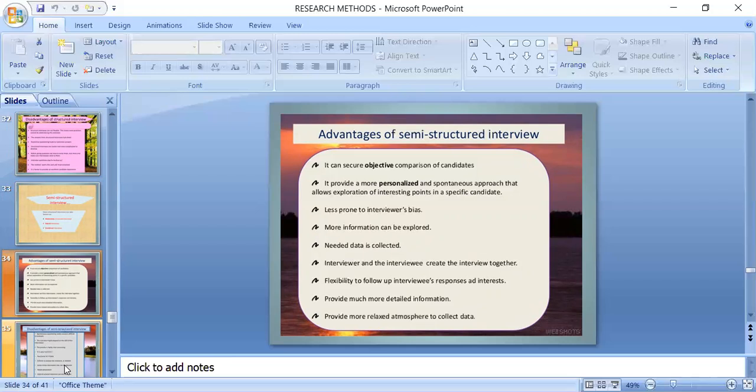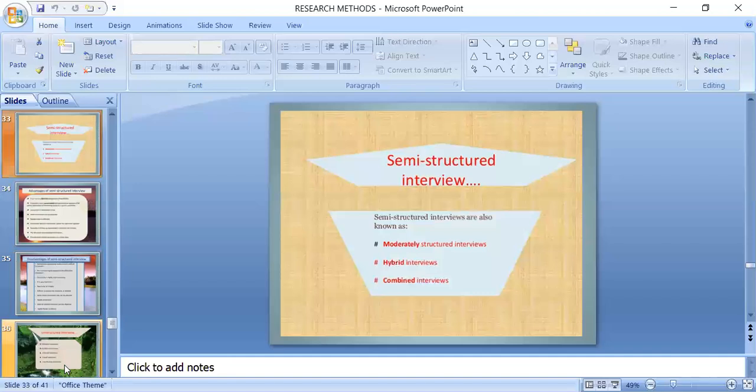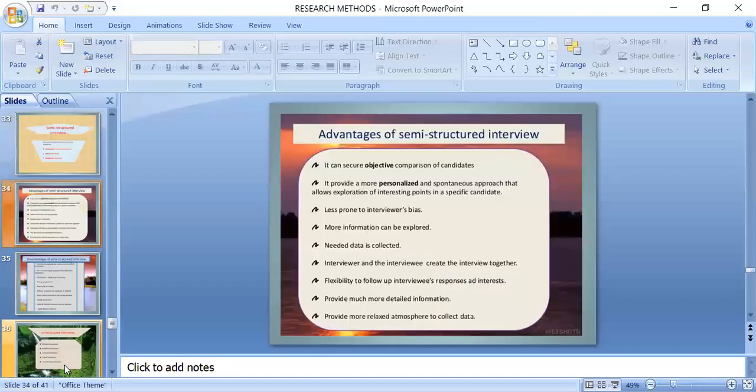Also the interviewer follows the natural flow of conversation and feels free to explore. A little bit of chit chat is a part of a semi-structured interview. Advantages are: it is more informative.